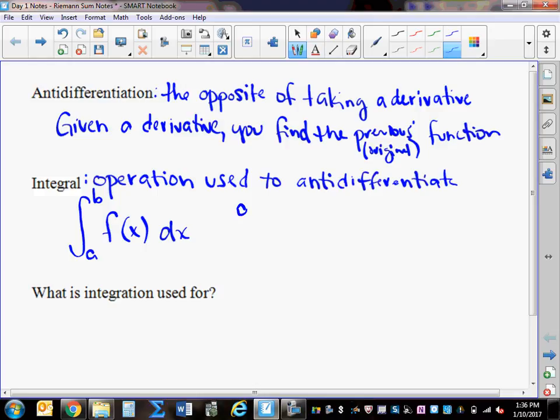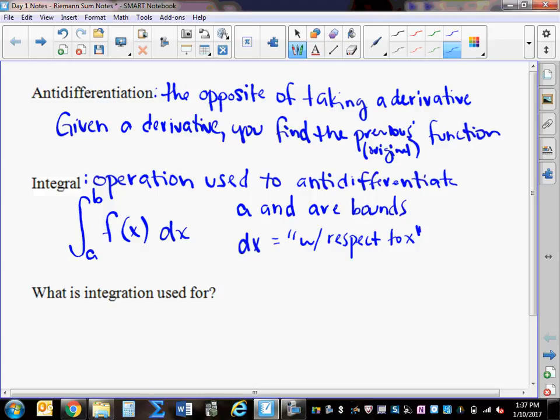And just off to the side, a and b are your bounds, and dx means with respect to x. This is for what we call a definite integral, meaning there is a defined amount. An indefinite integral does not have bounds, so it would look the same, but without your bounds a and b.